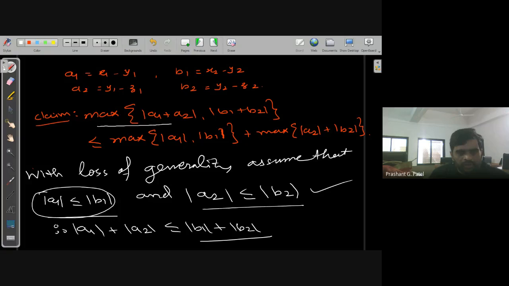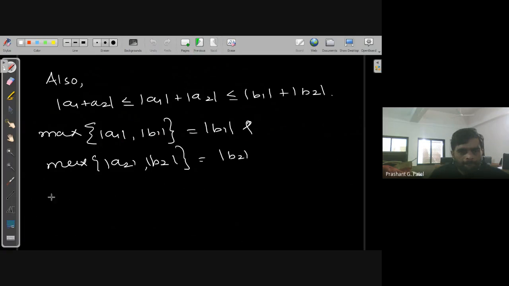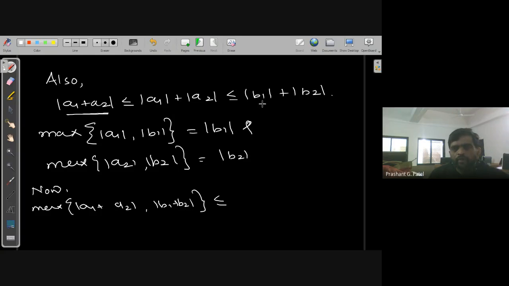Now I'll start with this slide. So now the maximum of |a1 + a2|, |b1 + b2| will be less than or equal to... due to this, |a1 + a2| is less than or equal to |b1| plus |b2|, and also |b1 + b2| is less than or equal to |b1| plus |b2| by the triangle inequality.